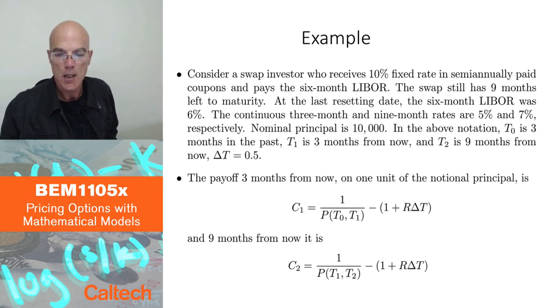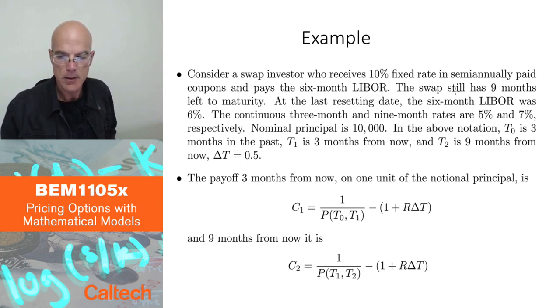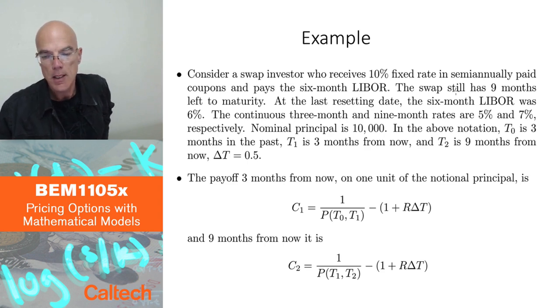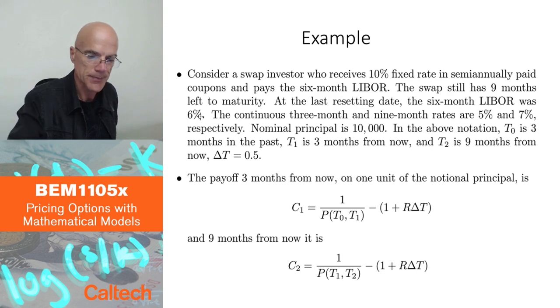Let's assume, to make things a little bit more interesting and not completely the same as in the previous couple of slides, that the swap has already started and there are 9 months left to maturity. At the last payment date, or resetting date of the swap, the 6-month LIBOR rate was 6%.